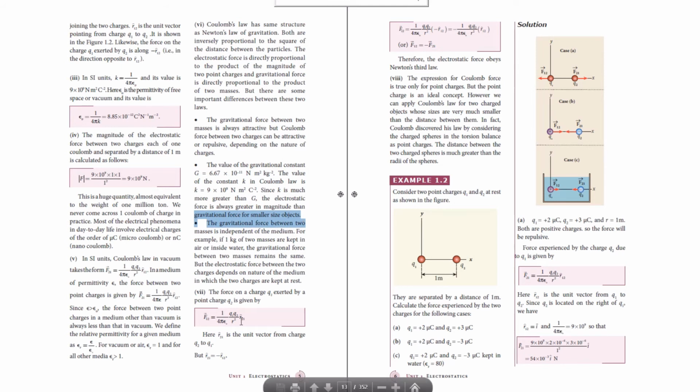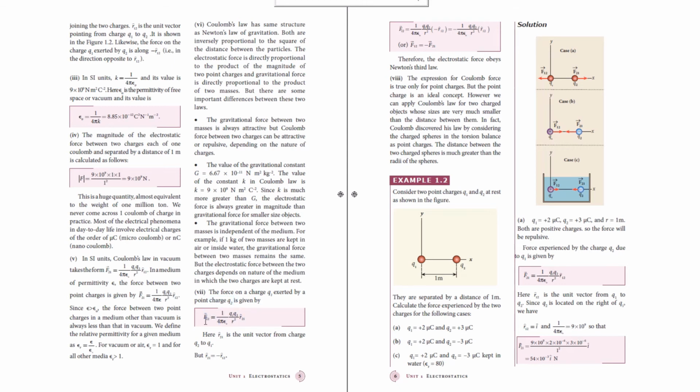And the next one, the seventh point, the force on a charge Q1 exerted by a point charge Q2. This we already know. So here the force on Q1 exerted by Q2, we have to write it as vector F12. If at all we are going to speak about the force on a charge Q2 exerted by Q1, now here you have to write it as vector F21.